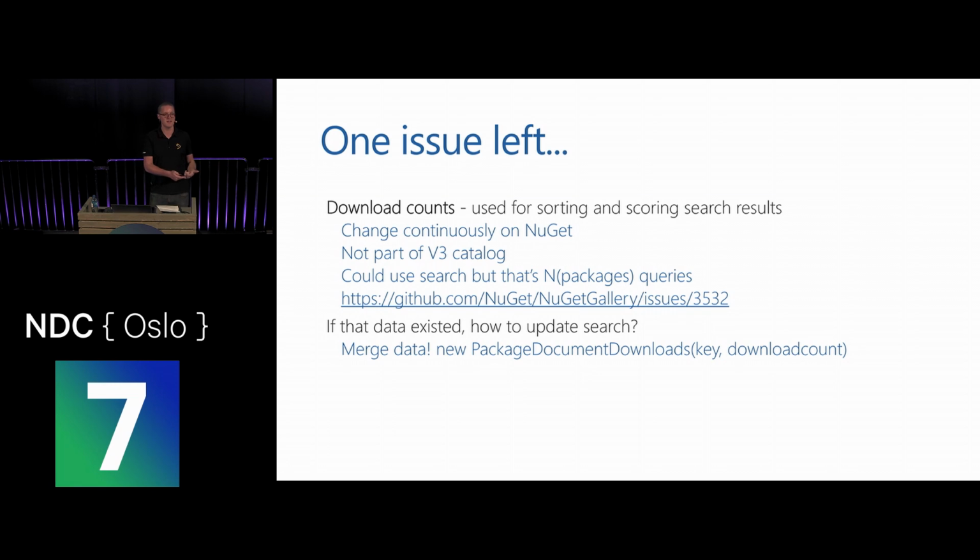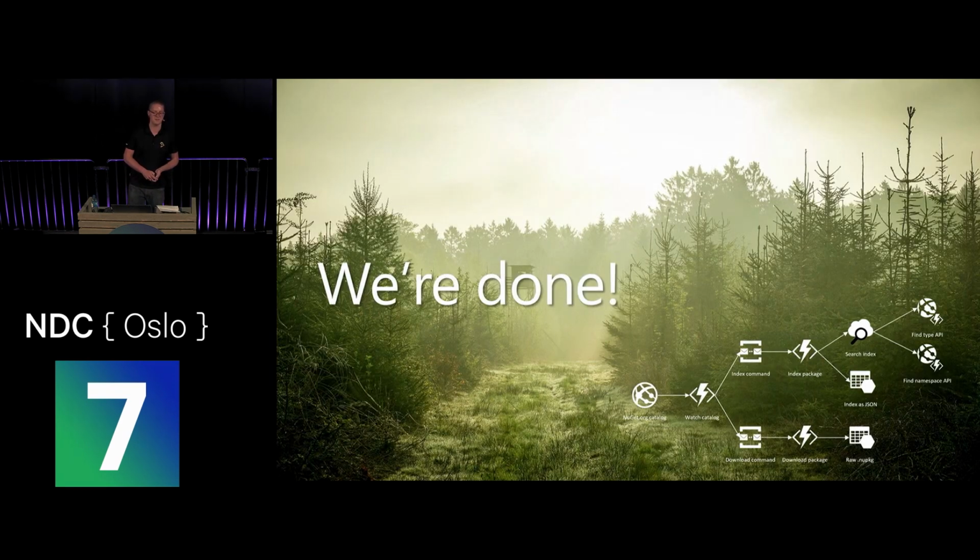So what we can do is query the existing document in search and simply update one property. And turns out that's actually a really simple API. You simply pass it the properties that you take as the identifier, which will be package ID and package version, and give it whatever properties you want to update, and it will touch just those properties and re-index just those properties. So that's the one issue that we have left for this one, and I do hope that the API will appear at some point.